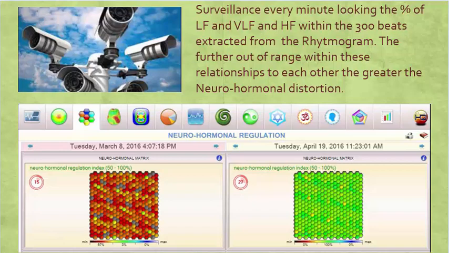This is a little more in-depth information than other heart rate variability systems on the market. They don't have this information and don't give us information about the neurohormonal regulation, C parameters, or HPA axis distortion. I think this is what covers the C parameters.